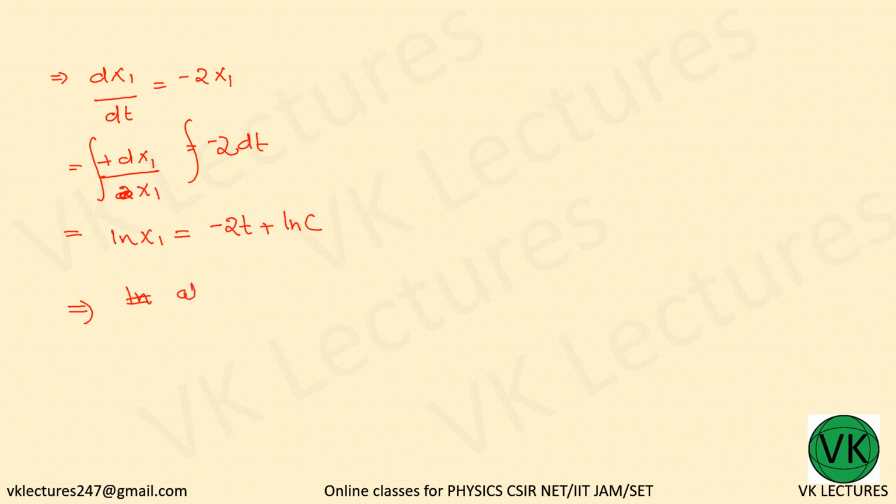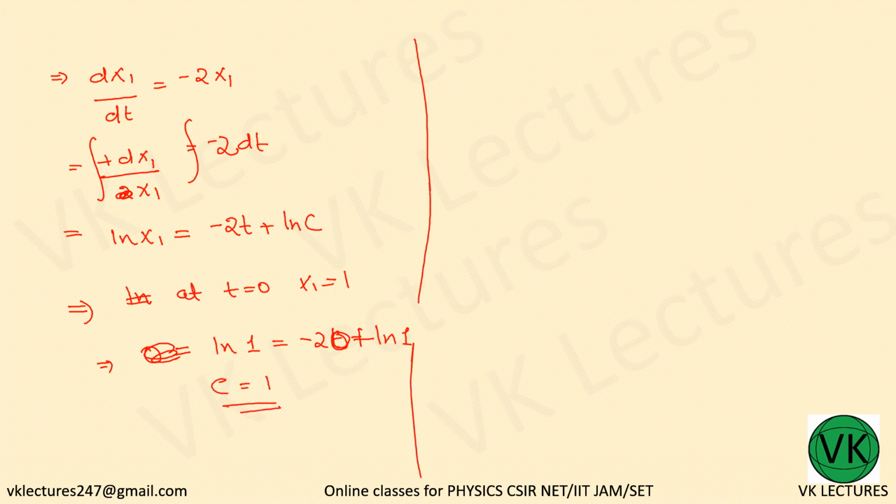At t equal to 0, x1 equal to 1, right? So log of 1 is equal to minus 2 times 0 plus log c, which means c equal to 1.